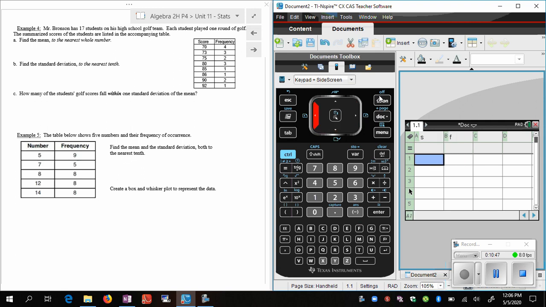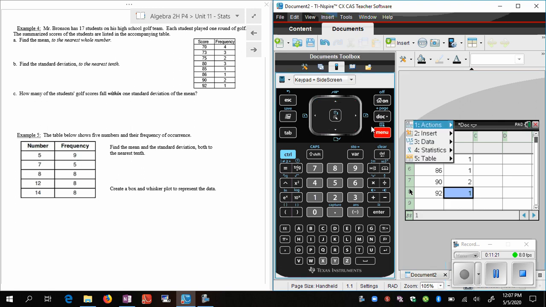So we have in the first column 70, 73, 75, 80, 85, 86, 90, and 92. And then I need to make sure the frequency values line up perfectly with their counterparts on the left side. So 4, then 3, then 2, then 3, then 1, then 1, then 2, then 1.